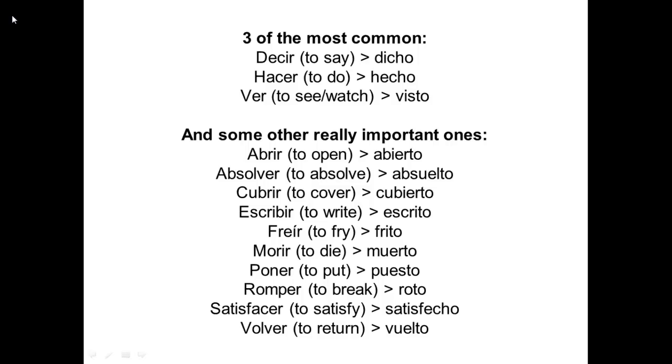So notice how none of these follow the patterns of the regular past participles. So copy these down now, because you're going to do some translation which will help you to see how well you're doing. Some of these verbs can have a prefix at the start. For example, escribir is to write, but describir is to describe. Another example is cubrir, to cover, descubrir, to discover.